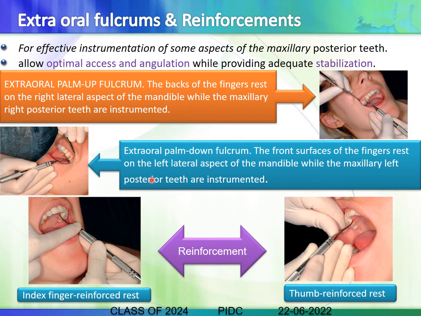Extraoral palm down fulcrum, the front surface of the fingers rest on the left lateral aspect of the mandible while working on the maxillary left posterior teeth. This is called a palm down fulcrum, and this is called a palm up fulcrum, since the palm is facing up here and facing down here.